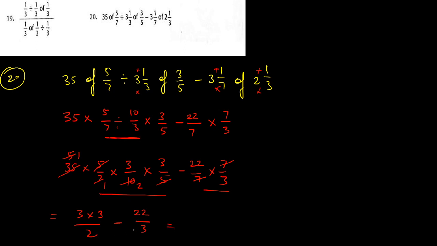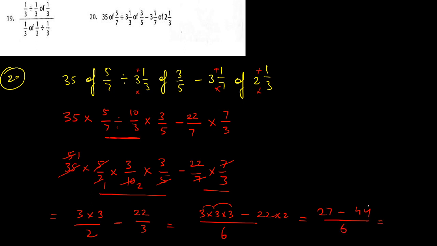Now take the LCM of 2 and 3. The LCM of 2 and 3 is 6. 2 3s are 6. 3 will be multiplied to these, so it will become 3 into 3 into 3 minus 3 2s are 6, so 22 into 2. So finally 3 3s are 9, 9 3s are 27 minus 44 upon 6.